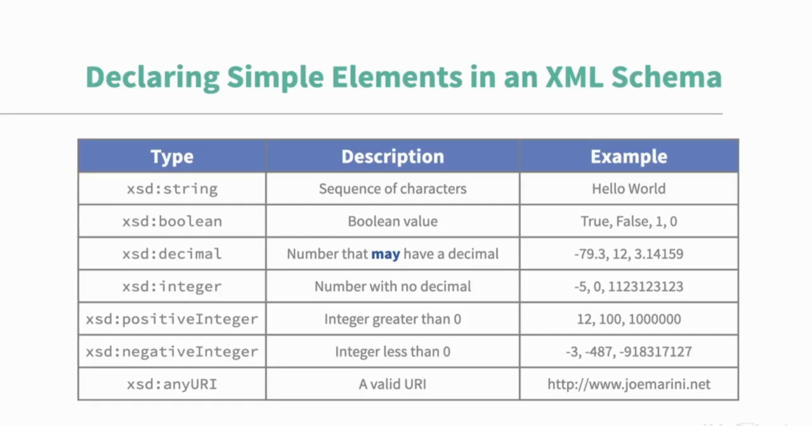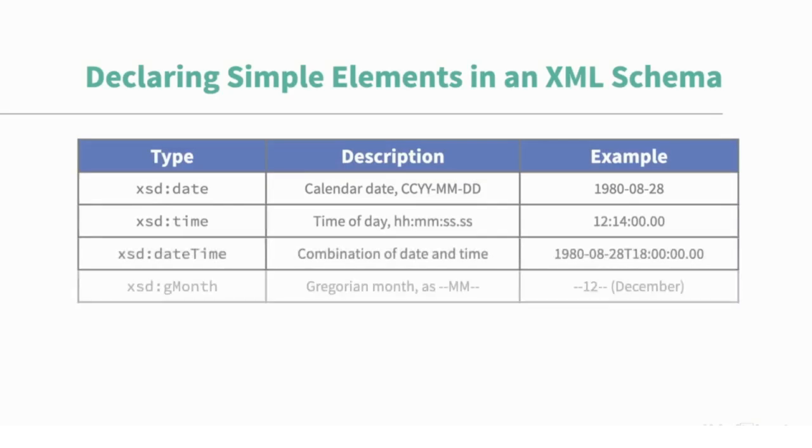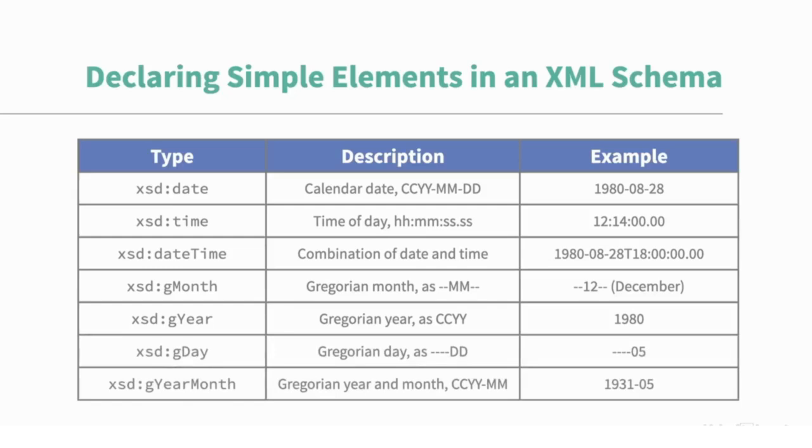There are also types for Boolean, decimals, and integers, and they start to get a little bit more specialized, such as the positive integer and negative integer types that restrict content to numbers that are either larger or less than 0. There's a type called any URI, which restricts content to being a URI format. And there are some more specialized types to represent data like dates and times, as well as various components of dates, such as days and months and years.